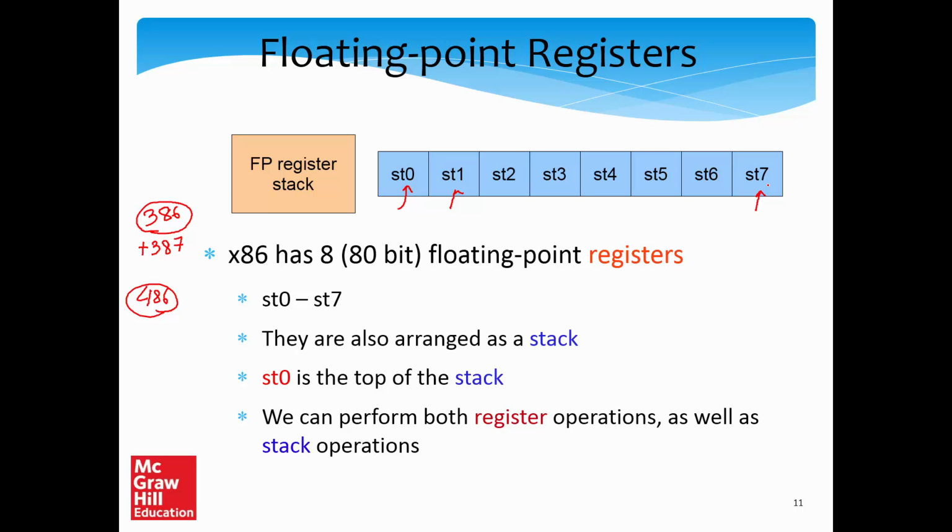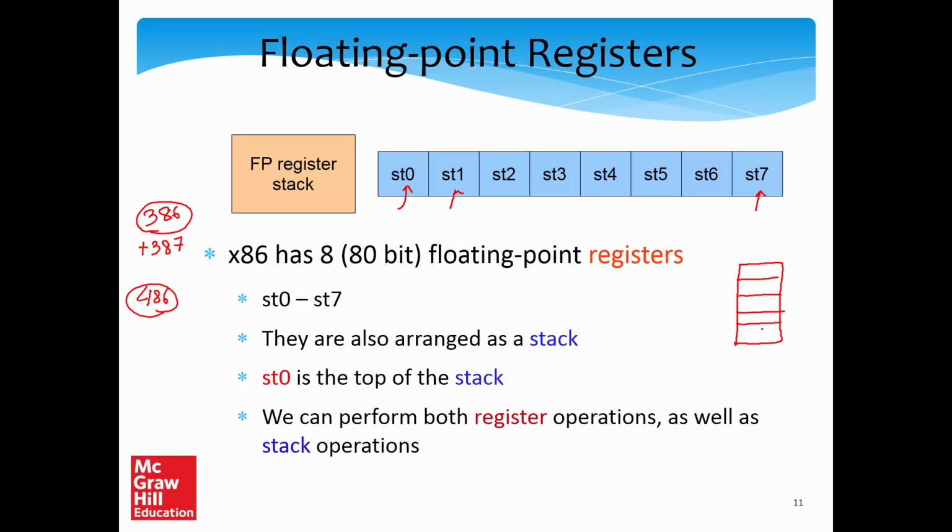So the way that we can think of this is that inside the processor, we have 8 locations arranged as a stack. A stack is any data structure which has a last in first out semantics, something exactly similar to a stack in programming languages. So consider a stack of books. The book that we add at the end is on the top.